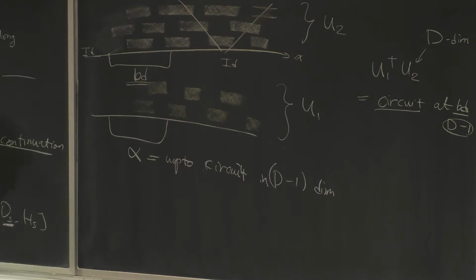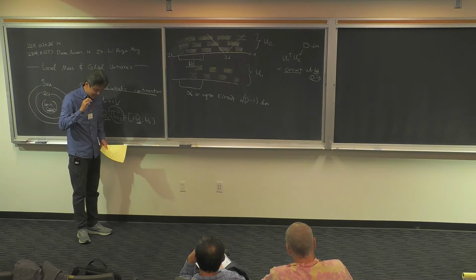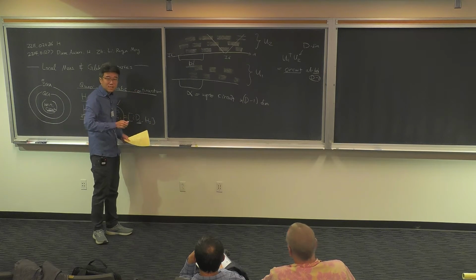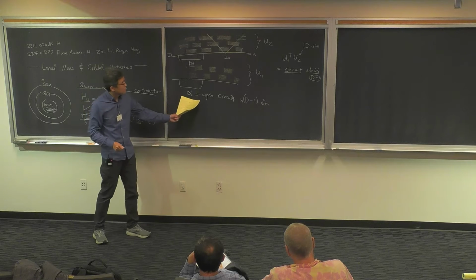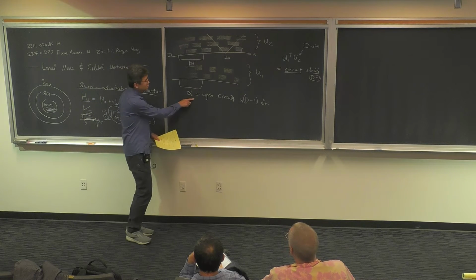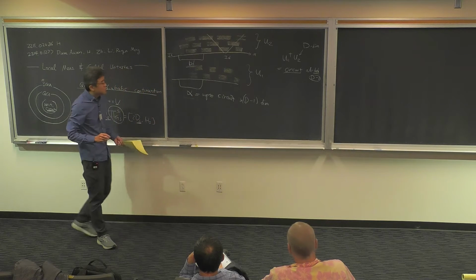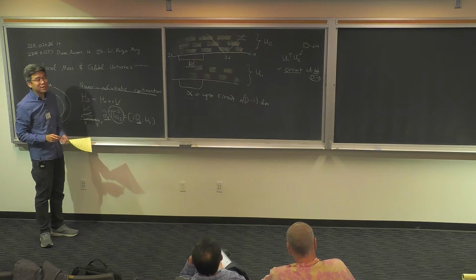So I started with a loop in the space of all unitary circuits in d dimensions, and then I ended up with an object in one lower dimension that is defined up to circuit elements. Now, at this point, you might wonder, what can that be?